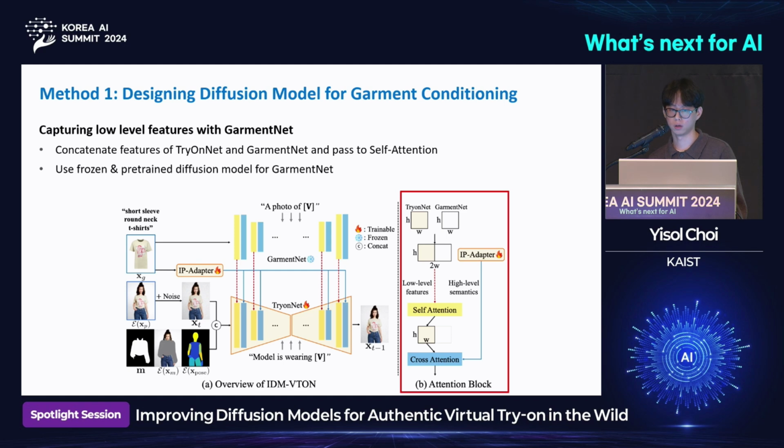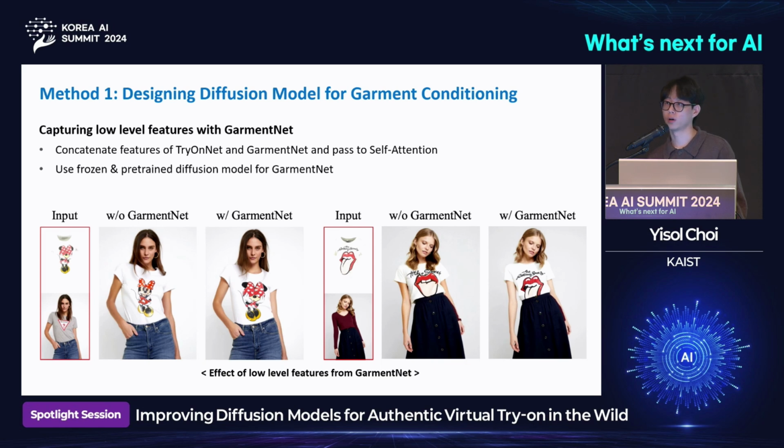And for low-level features, we use GarmentNet to encode low-level features of the garment, and these features are injected into the TryonNet via a self-attention mechanism. And as you can see, with low-level features from the GarmentNet, we can preserve the fine details of the garment, such as graphical designs.